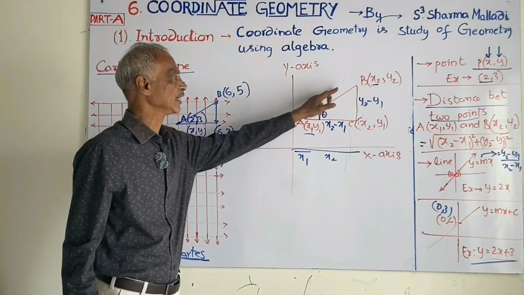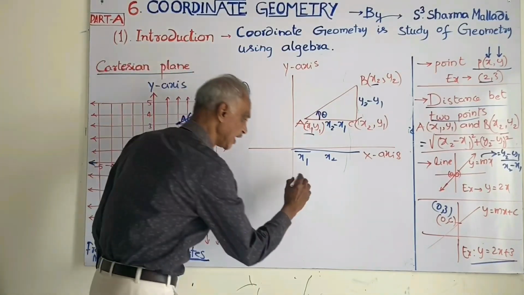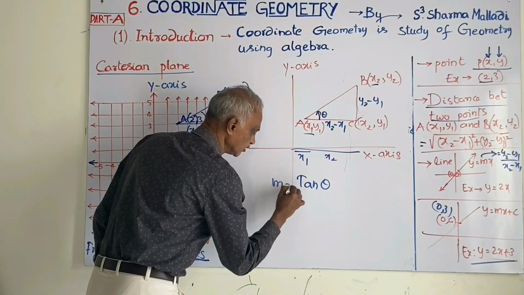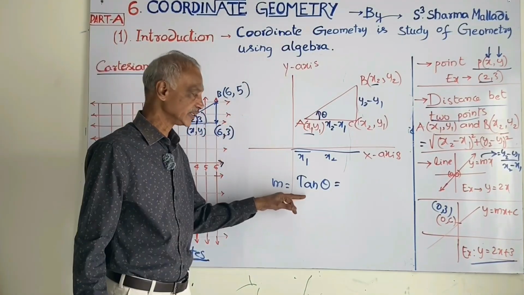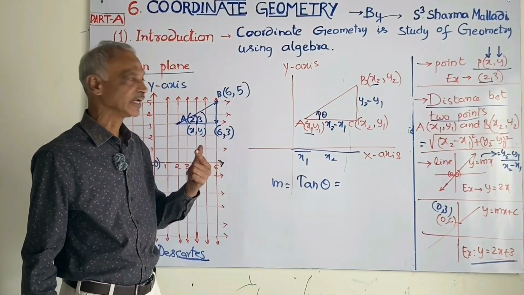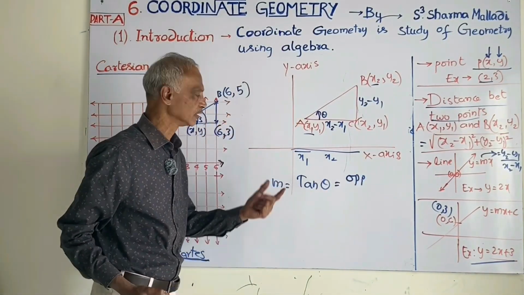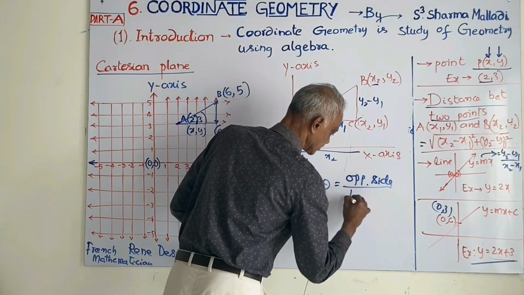This is making an angle theta with the positive direction of the x-axis. Tan theta is the slope of the line. In trigonometry, tan theta is nothing but the opposite side by the adjacent side.